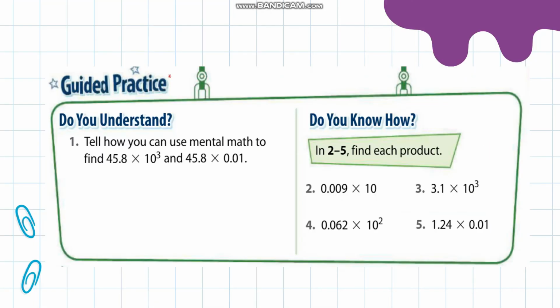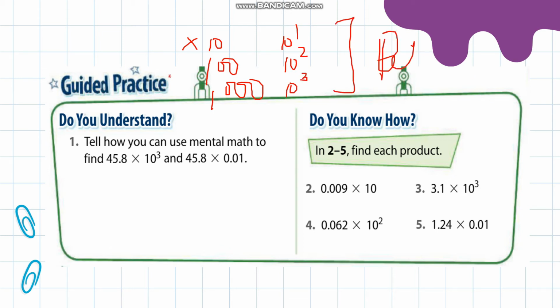Let's answer this one. Tell how you can use mental math to find 45.8 multiplied by 10 cubed and 45.8 multiplied by 0.01. I told you if it is multiplied by 10, 100, 1,000, or 10 to the first power, 10 to the second power, or 10 cubed, the movement is always going to the right.